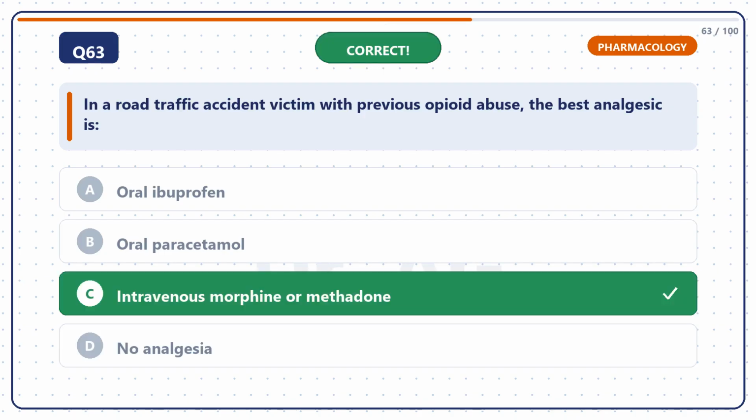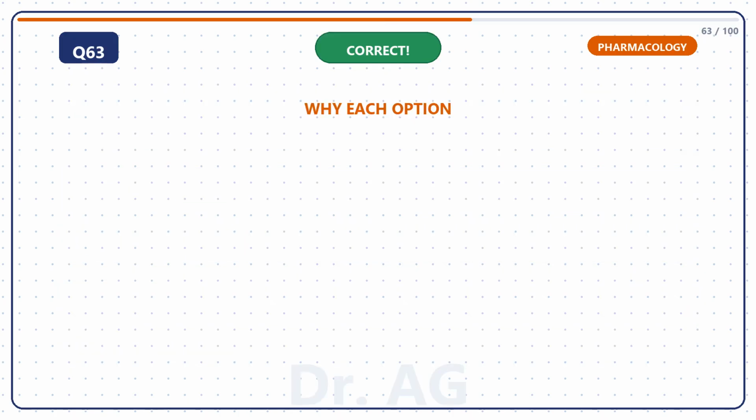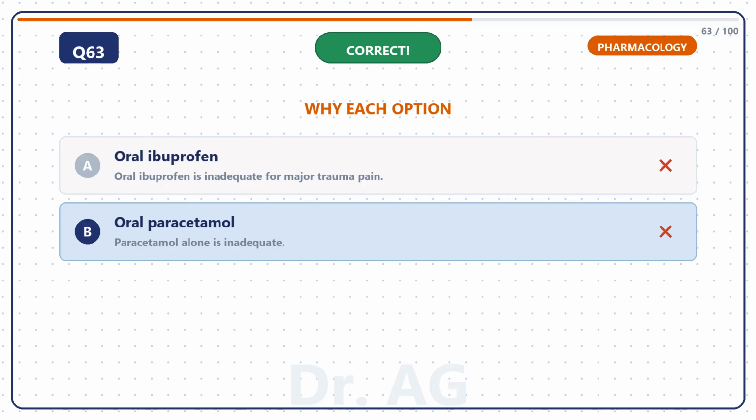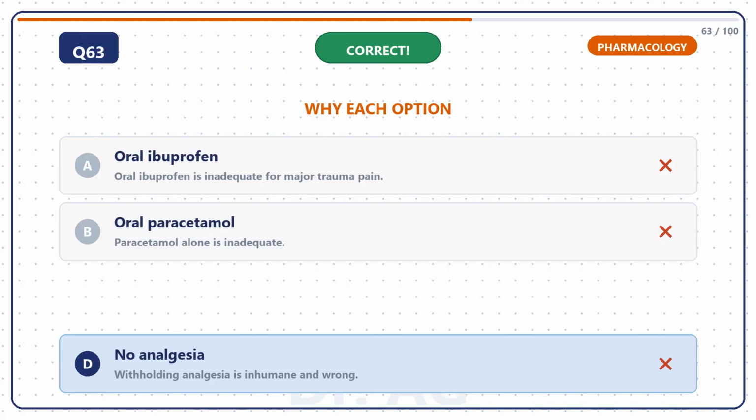The correct answer is option C. Intravenous morphine or methadone. Let's go through the options. Oral ibuprofen. Oral ibuprofen is inadequate for major trauma pain. Oral paracetamol. Paracetamol alone is inadequate. No analgesia. Withholding analgesia is inhumane and wrong.